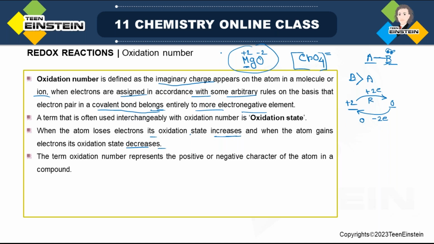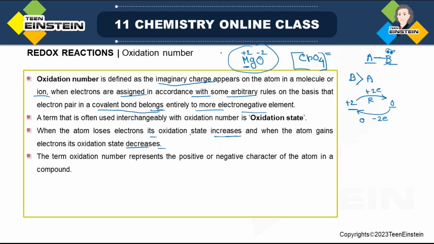Between these two, oxygen is the more electronegative element compared to Mg. Similarly, Mg carries the higher oxidation number, +2 is higher than -2, so it has positive character.